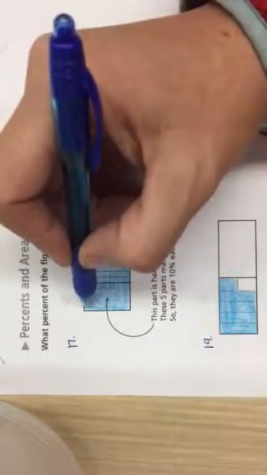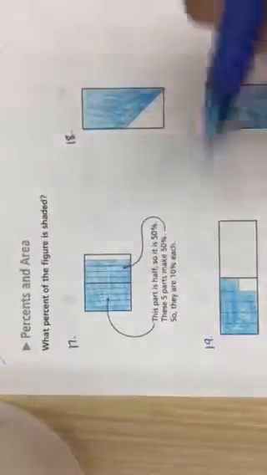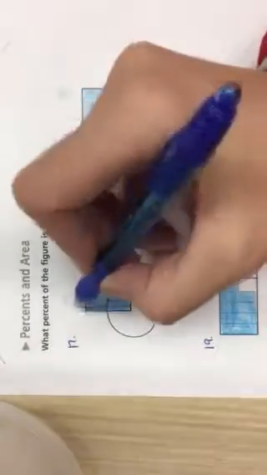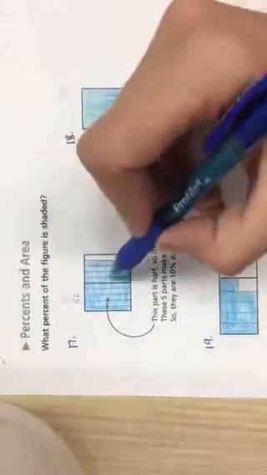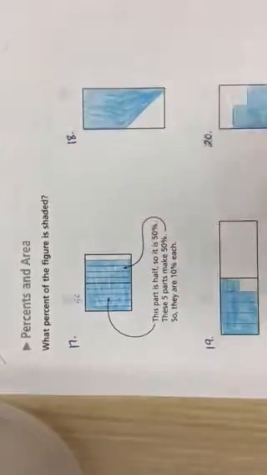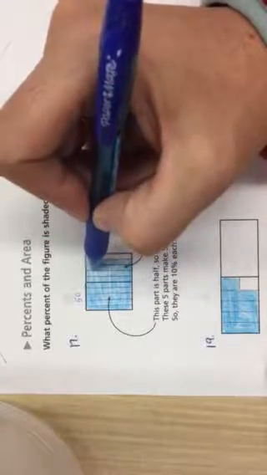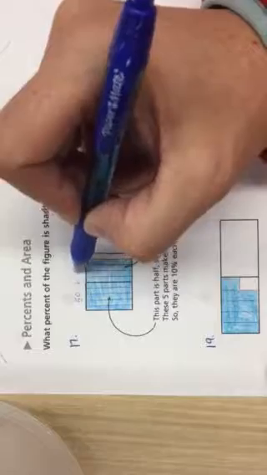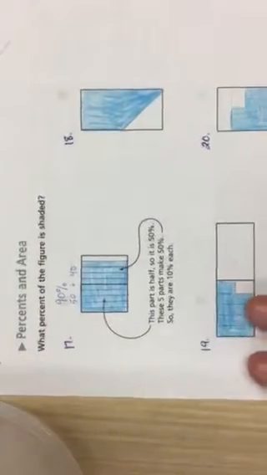So in my mind, I break up this into fifths. I also know that this halfway line is 50%, but if I break the whole thing up into tenths, these blocks right here could each be a 10%. So 50 plus 10, 20, 30, 40%. This area would equal 90 out of 100, or 90 per 100.